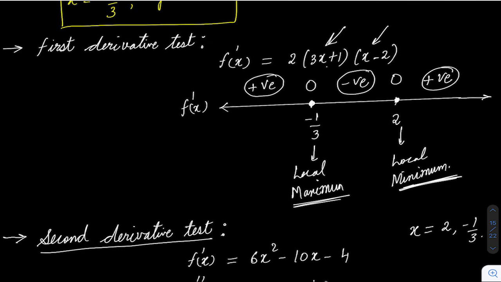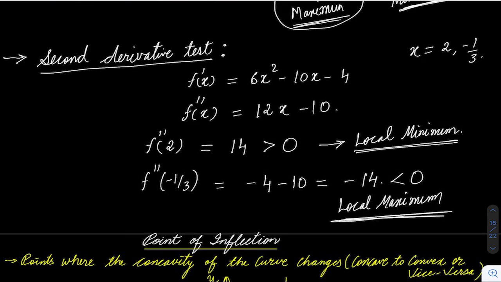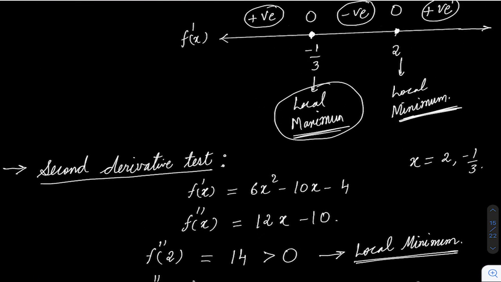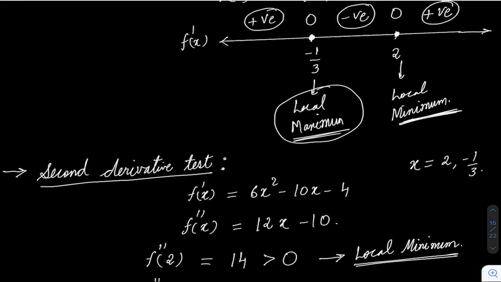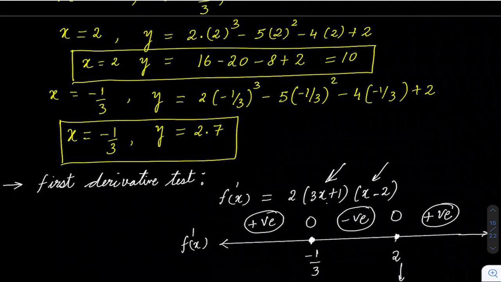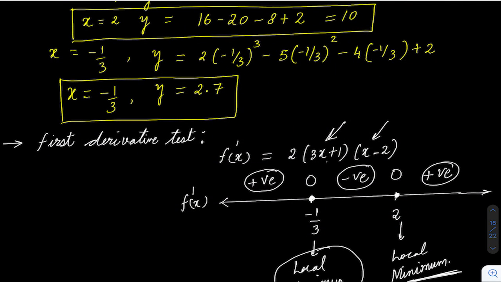So that's our answer. You're getting the same answer: 2 is a local minimum, minus 1 by 3 is a local maximum. Finally, when you write the answers, be careful to write the whole answer. By whole answer, I mean you have to write (2, 10) as the local minimum, these are the coordinates of the local minimum for f(x).